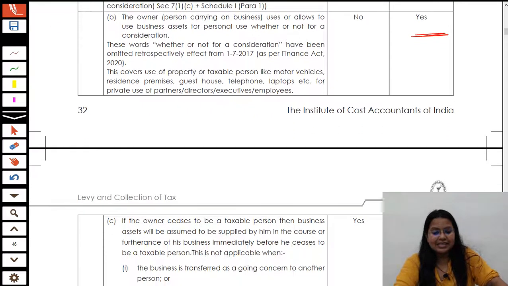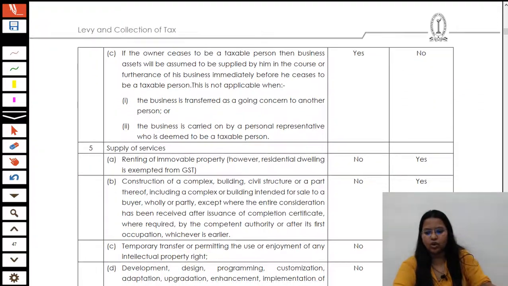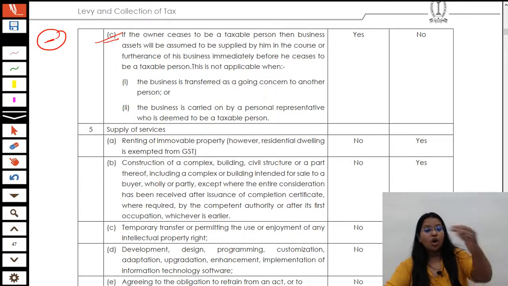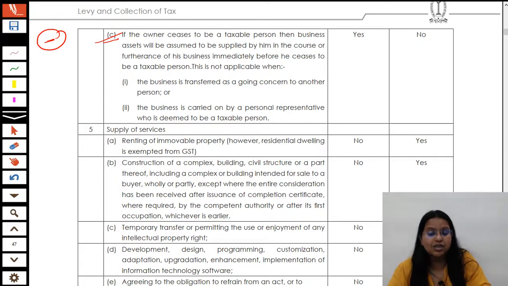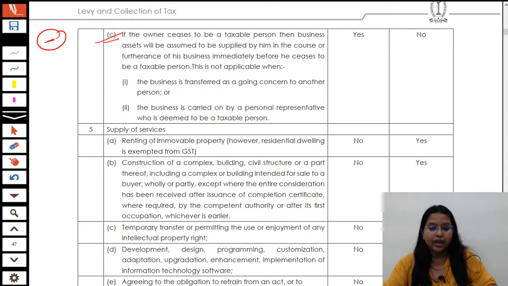Okay. The next point is very important and a little bit tricky also. So try to understand it. If the owner ceases to be a taxable person, it means the owner of that goods is now not a taxable person, he is a non-taxable person. Taxable person means that person who has taken the registration or has not yet taken the registration, but the liability to take registration has arisen.